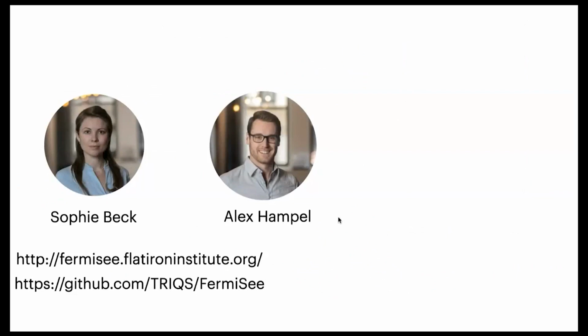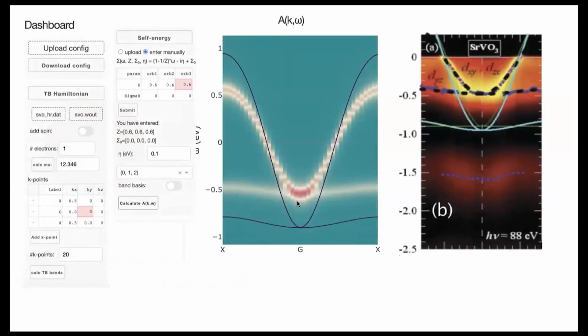And a cool visualizing tool to play with quasi-particle states was built by Sophie Beck and Alex Hampel at CCQ, which is where I did my first postdoc with Andy Millis. Basically, what you can do here is add things like the quasi-particle renormalization, and you will get some quasi-particle weights after you put in, say, some Wannier function Hamiltonian, or even something you make up yourself.